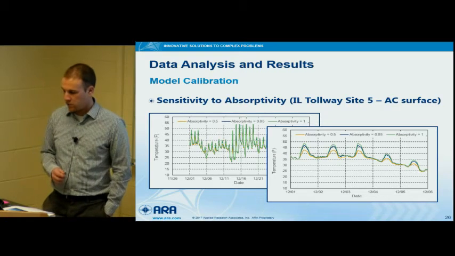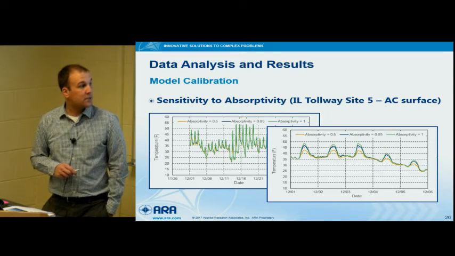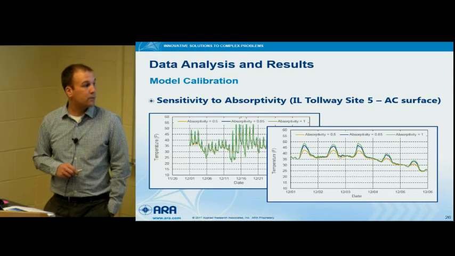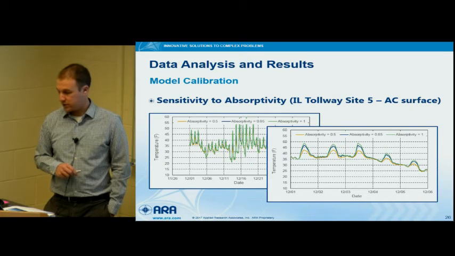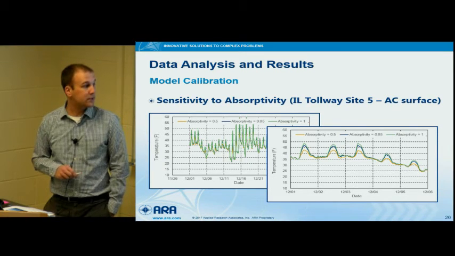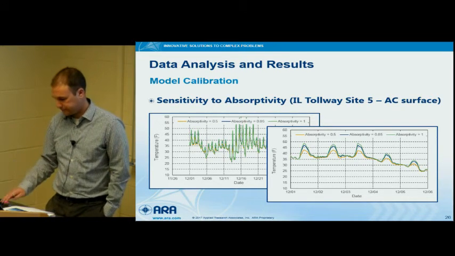So the first one, we can see if we have lower absorptivity, we get lower predicted pavement temperatures, especially during the day. So this is between December 1st and December 2nd. It makes sense, and during the nighttime it's not as different. And then same, if you have higher absorptivity, you have higher temperatures.